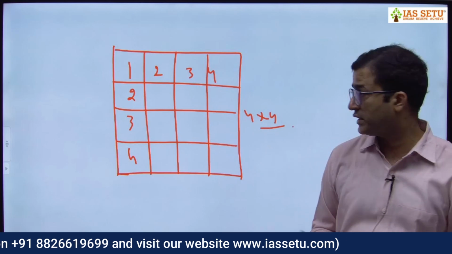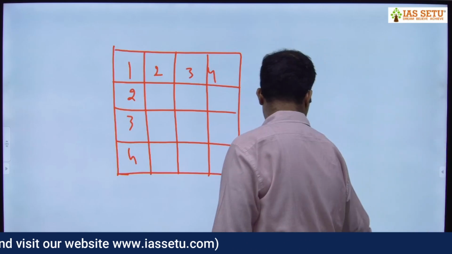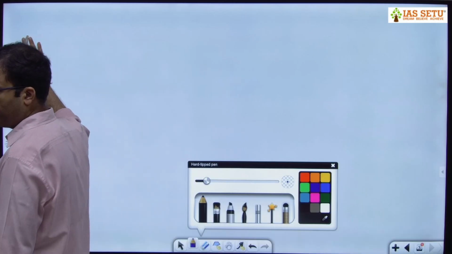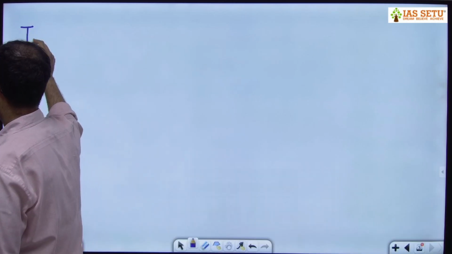So here the first thing is, you put the heading: number of squares, type 1.